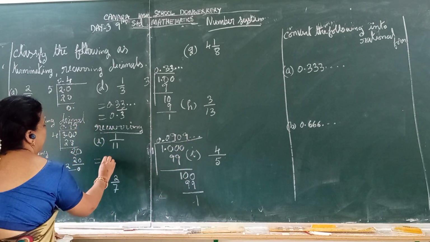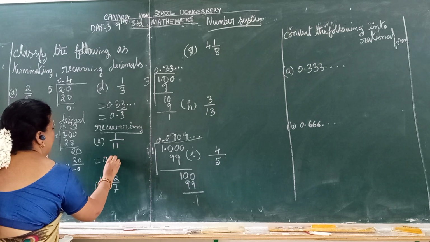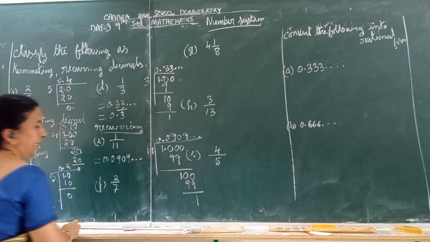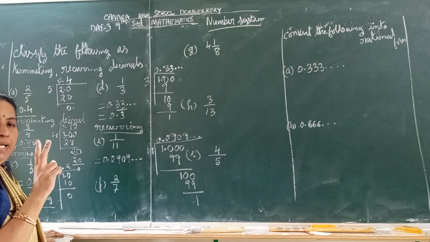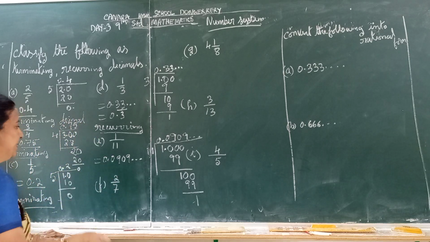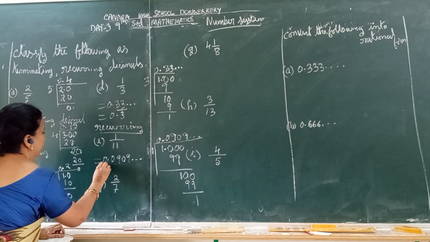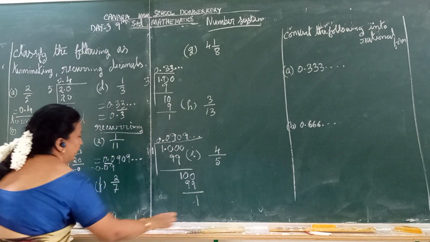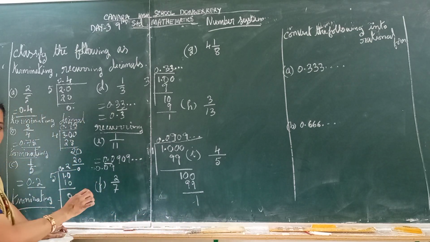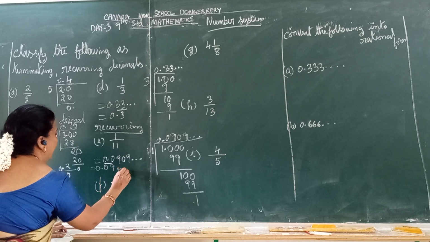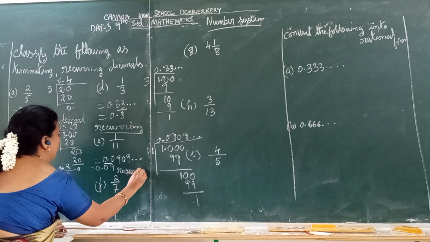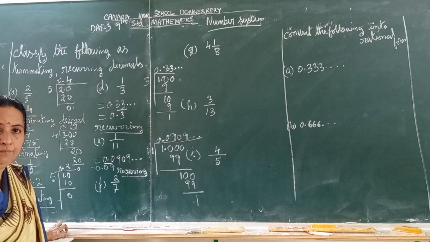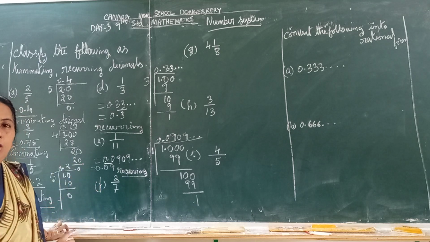So therefore the answer is 0.0909 repeating. 2 digits are repeating, therefore put a bar over both the digits. Repeating, it does not stop repeating, therefore recurring. Are you copying? Everyone should copy all these sums in your notebook.